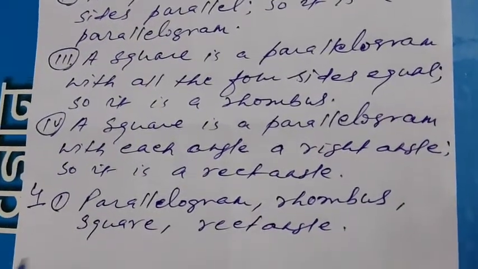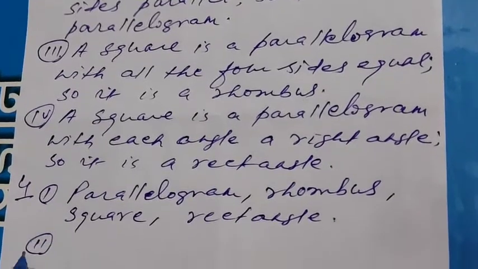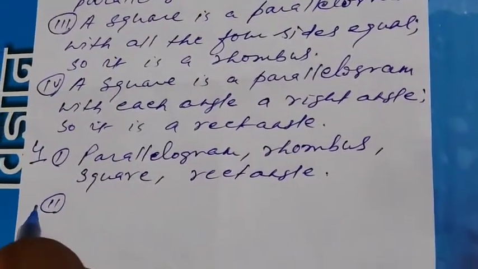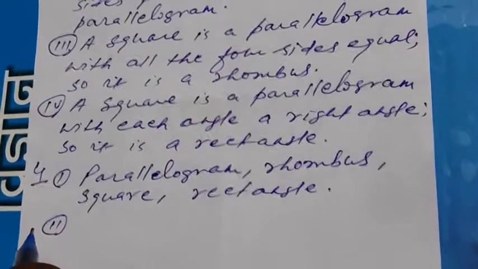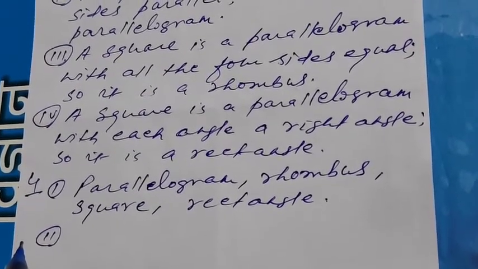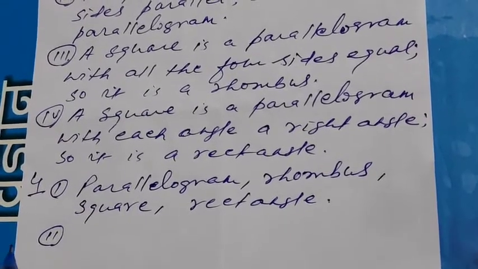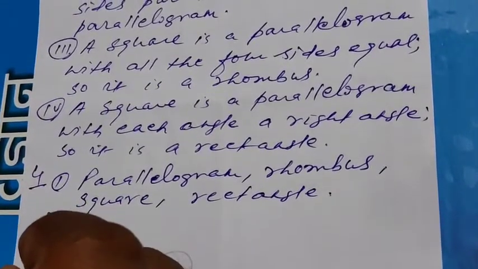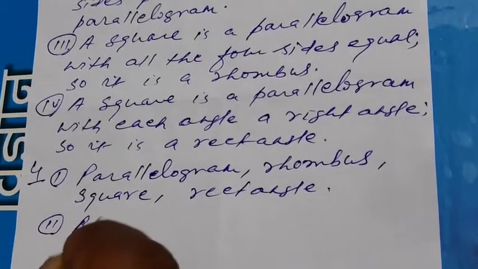Now, second is name the quadrilateral whose diagonals are perpendicular bisector of each other. And the answer of second is rhombus and a square.